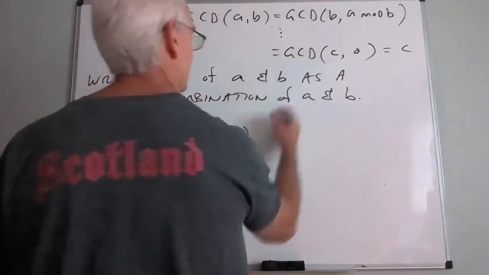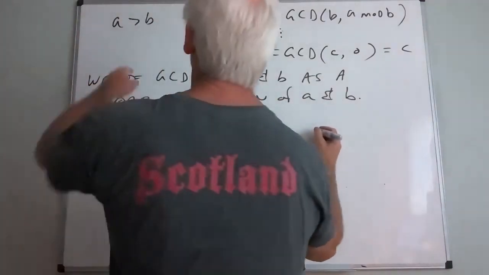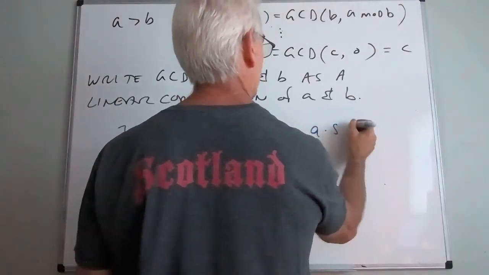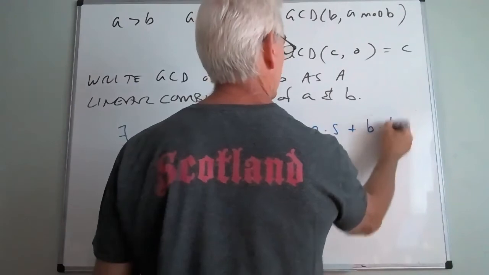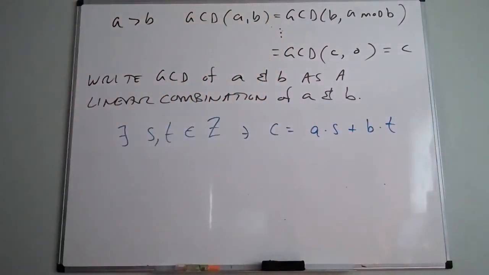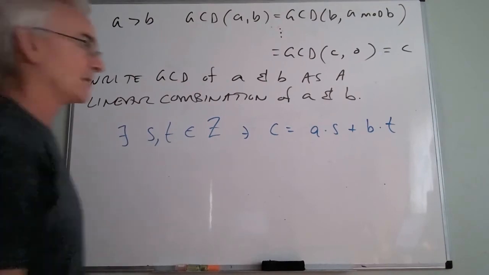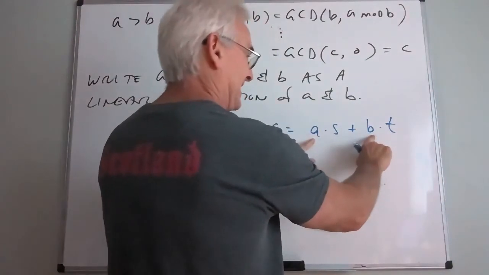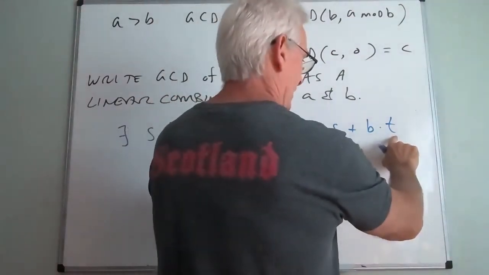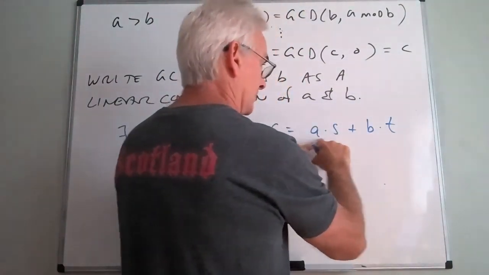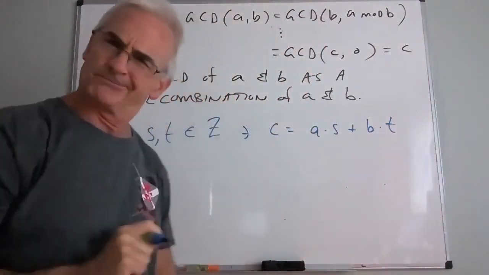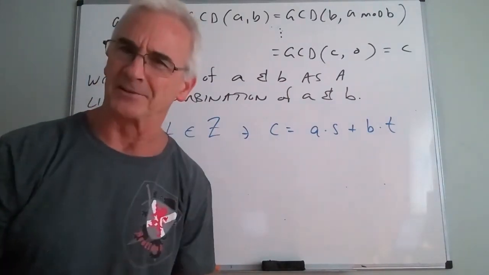Such that C equals, A was a constant, so A times S plus B times T. Of the S and T we're going to calculate, one of them would have to be negative. How come? A and B are probably large numbers. If S and T were both positive, then I have a positive number times a large number plus a positive number times a large number equals a tiny little GCD. Probably not the case.